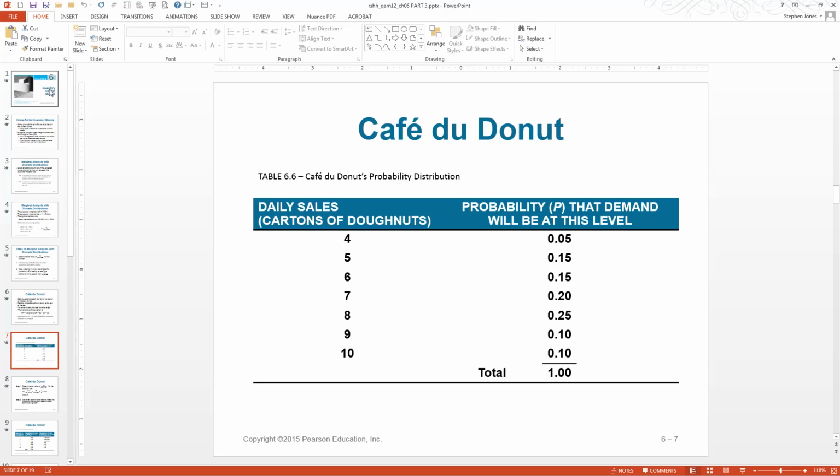It does not appear that they are likely to sell 0, 1, 2, or 3 cartons of donuts, and it doesn't look like they're likely to sell more than 10 cartons. So we're looking at a discrete distribution here of 4, 5, 6, 7, 8, 9, or 10. They're not selling 4.5 or 5 2/3. They're selling those sets of cartons. And that's what your probabilities are.